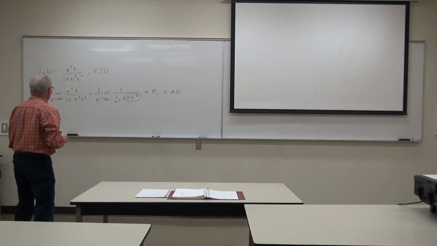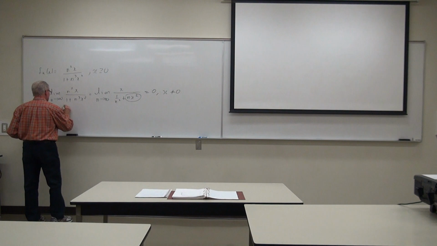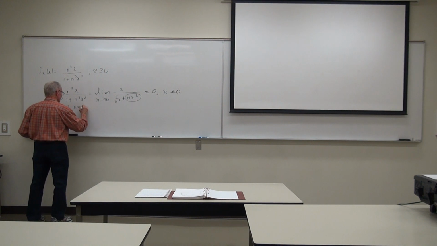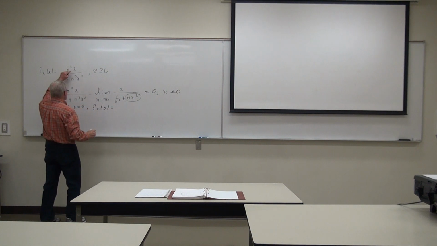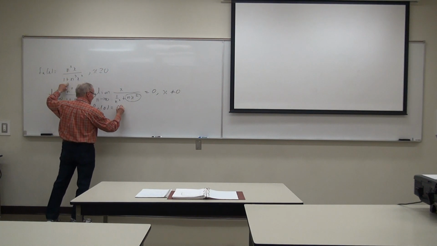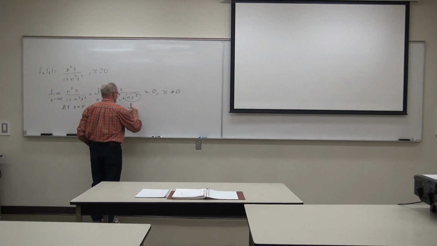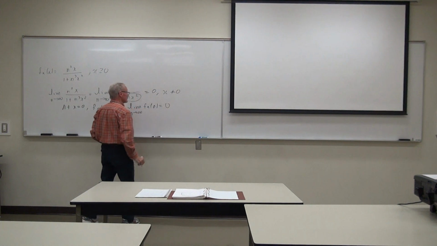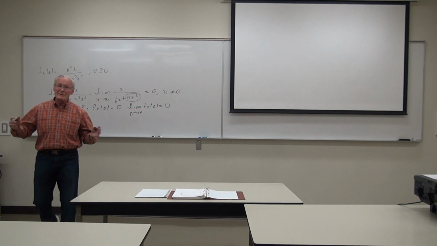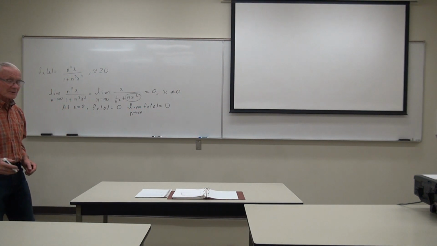So all we have to do is check x equal to 0. f_n of 0 is 0, so the limit as n goes to infinity of f_n of 0 is also equal to 0. In other words, the limit exists, and it's the zero function.